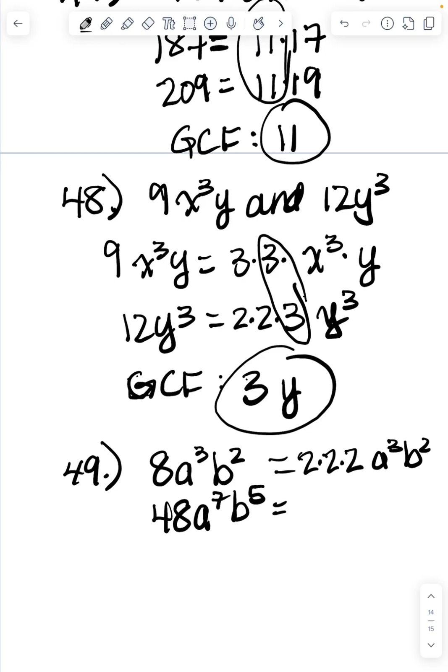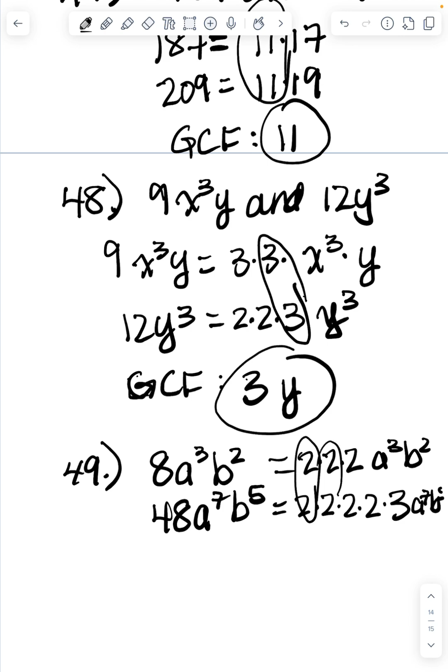And then 48 is 2 times 2 times 3. Oh, I'm looking at the wrong one. 48 is 2, 2, 2, 2 times 3, a to the 7th, b to the 5th.